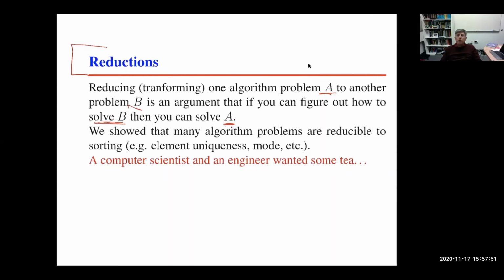Sometimes we can use this idea of reductions to find a fast algorithm for something. Can you guys remember back to when we did this daily problem where I asked, what is the shortest path in a graph G from vertex S to vertex T using exactly K edges?